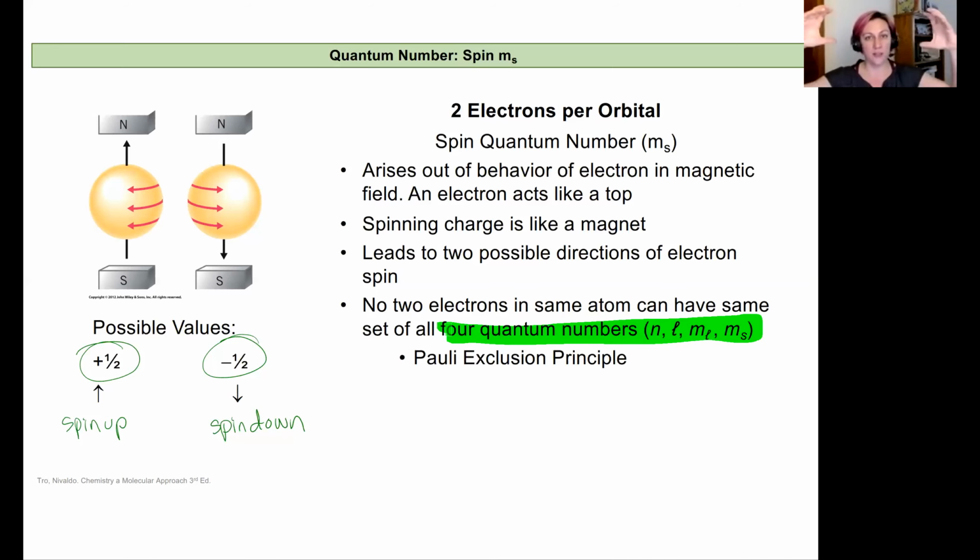We have our principal quantum number n, which is like, here's the general energy level. Then we have L, here's the shape of the orbital. We have m sub L, which is like, here's the orientation in space, and then m sub s, which is the spin up or spin down. And so the Pauli exclusion principle is that our electrons' 4 quantum numbers combined have to be unique to that electron within the atom.